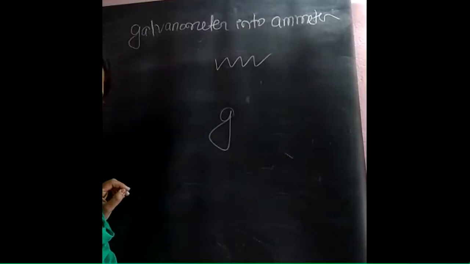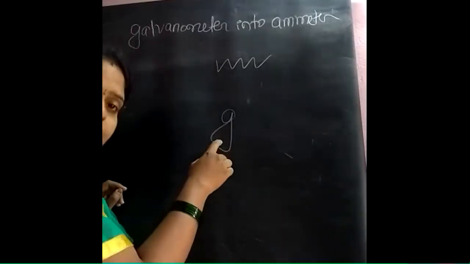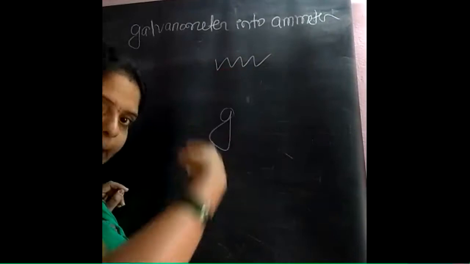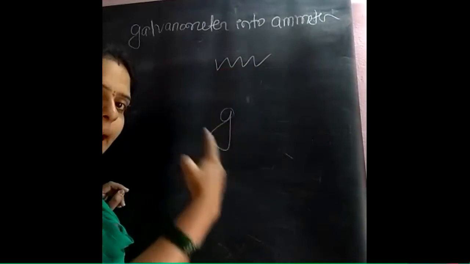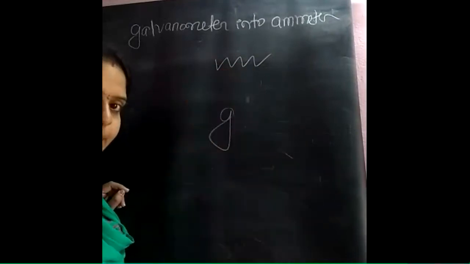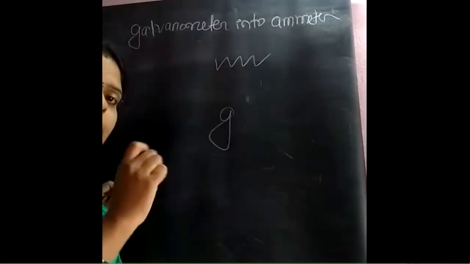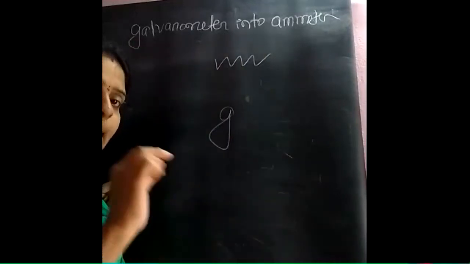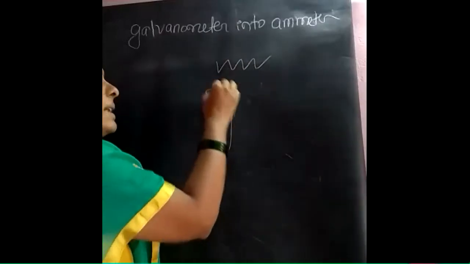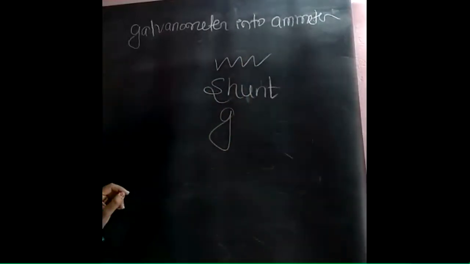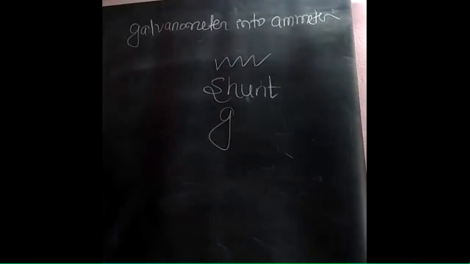When you connect a galvanometer to a suitable resistance in parallel with it, your galvanometer acts like an ammeter. Then here, whatever resistance you are using, that resistance is called shunt resistance. SHUNT. So it is called shunt resistance. So what is shunt resistance here?